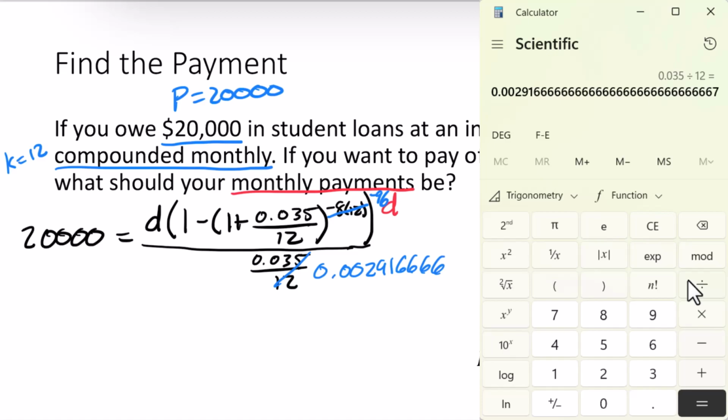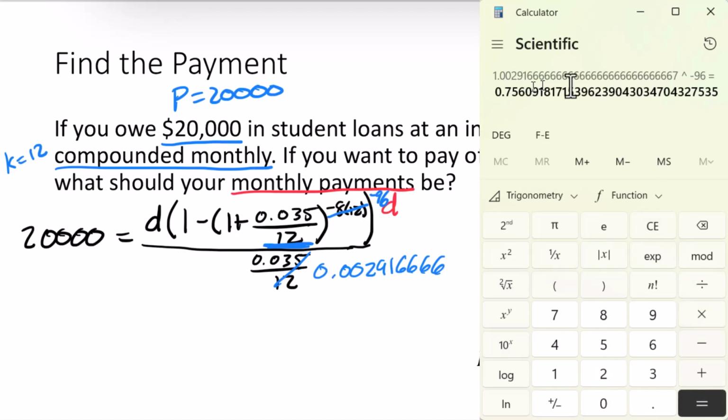And this decimal is also the decimal that this fraction divides out to. So I'm going to take that and add 1 to it. And then I'm going to raise this to my negative exponent of 96. So I'll click my exponent button, do 96, make it negative, figure out what that is.